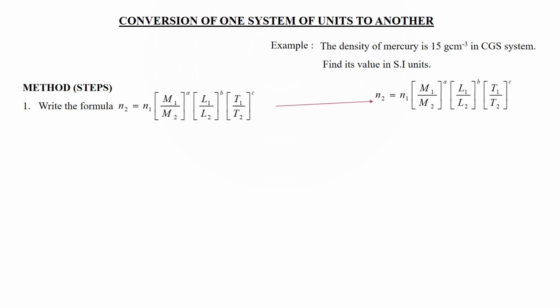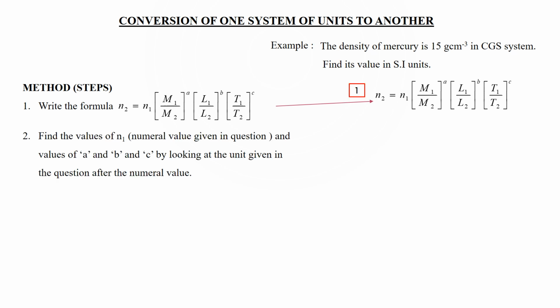Okay, so we wrote the formula as asked. So step 1, step 2. Find the value of N1, that is the numeral value given in the question. So which is the numeral value given in the question? Okay, 15 is the numeral value. And find the values of A, B and C by looking at the unit given in the question after the numeral value.